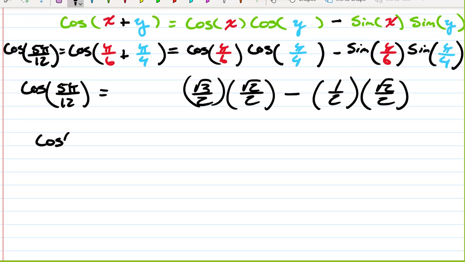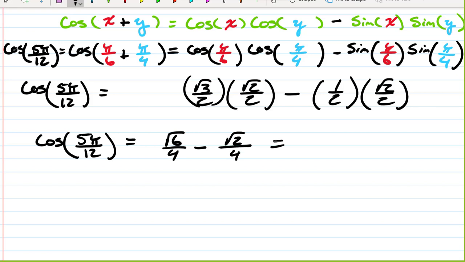So now, simplifying, the cosine of 5 pi over 12 is equal to the square root of 3 times the square root of 2, which is the square root of 6, over 4, minus 1 times the square root of 2, which is the square root of 2, all over 2 times 2, which is 4. So it's the square root of 6 minus the square root of 2 all over 4.